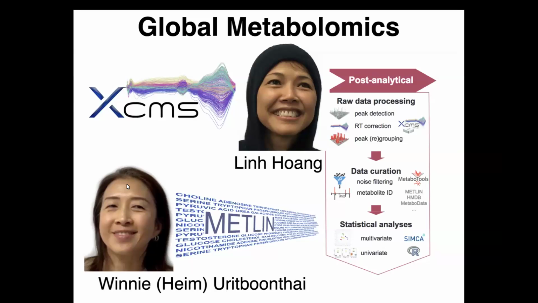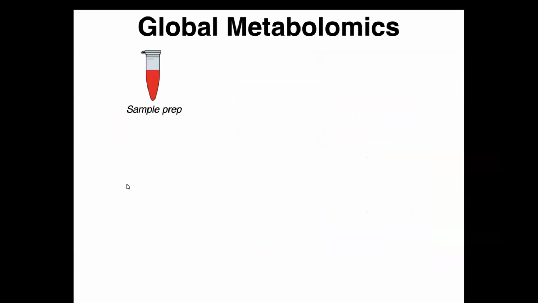Thank you, Gary. Hi, everyone. My session today is on global metabolomics. For this, I'll first start with its workflow and then move on to a specific global metabolomics analysis that I had done in the past.